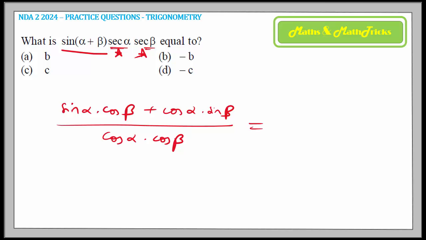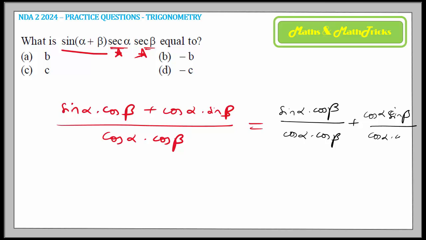If you separate the denominator now, what do you get? You get the first term, sine alpha cos beta by cos alpha cos beta, plus the second term, cos alpha sin beta divided by cos alpha cos beta. Could you see the simplification?